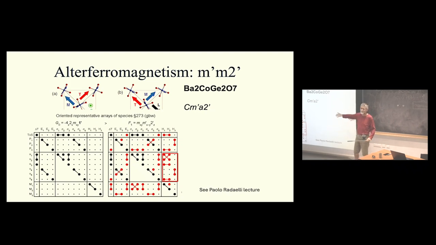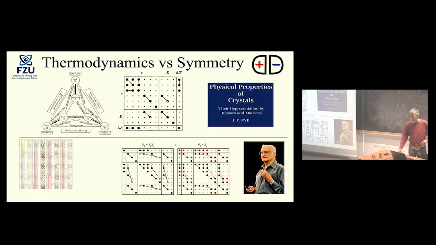So also you can just look in the table and you know whether your system is. It's a macroscopic property. All that you need is two magnetic point groups. Okay, that's again Vaclav Janovec.